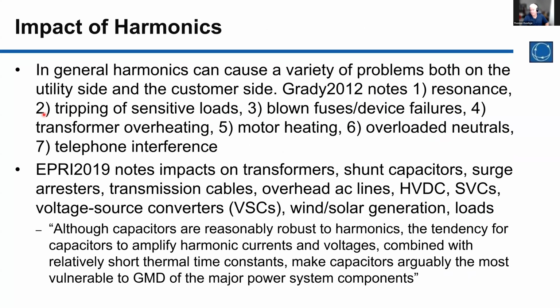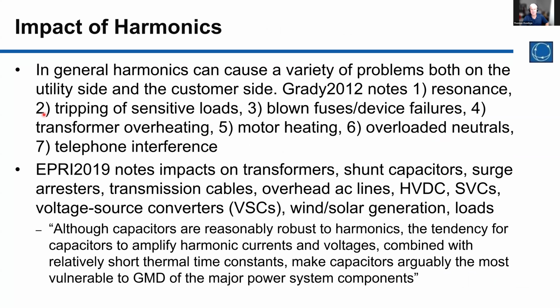Both the document from McGrady from 2012 and the one from EPRI in 2019 give a nice description of the impacts that harmonics can have on the electric grid. McGrady's is more general, so he talks about different things there: resonance, tripping a sensitive load, etc. And then in the EPRI document, they focus more on GMDs.